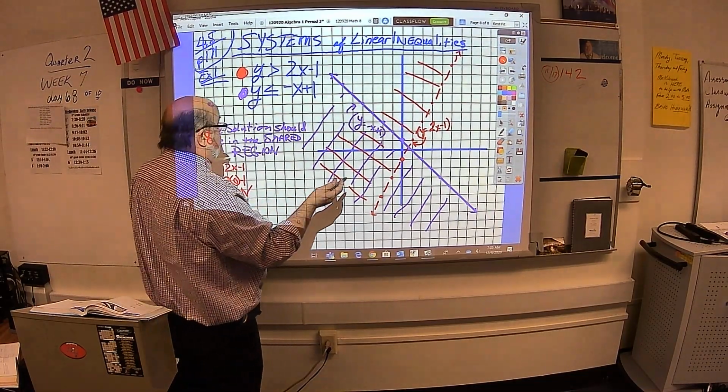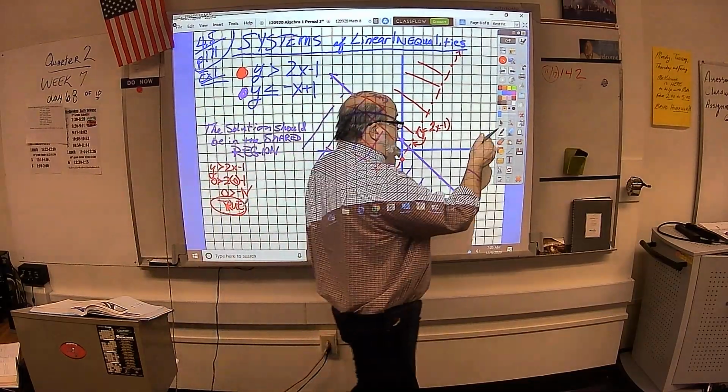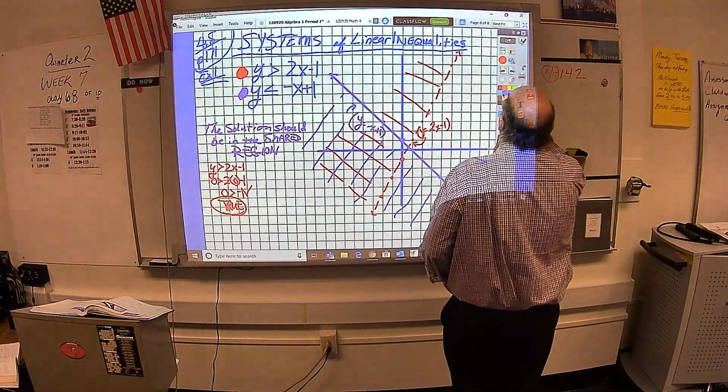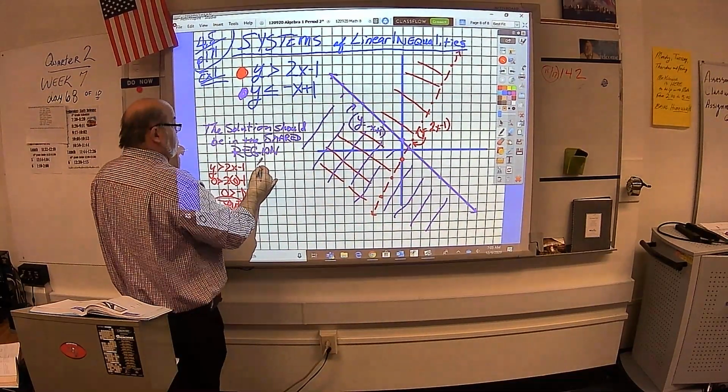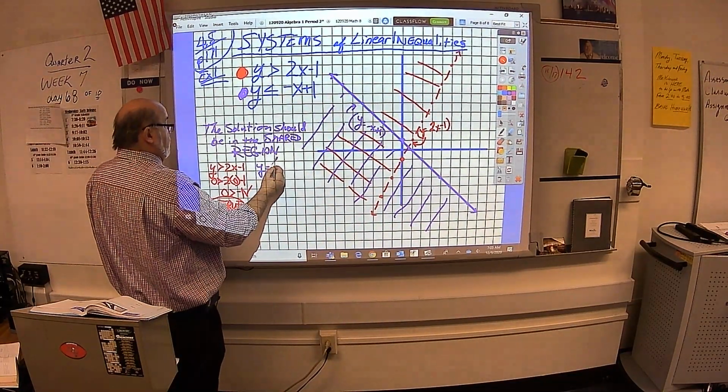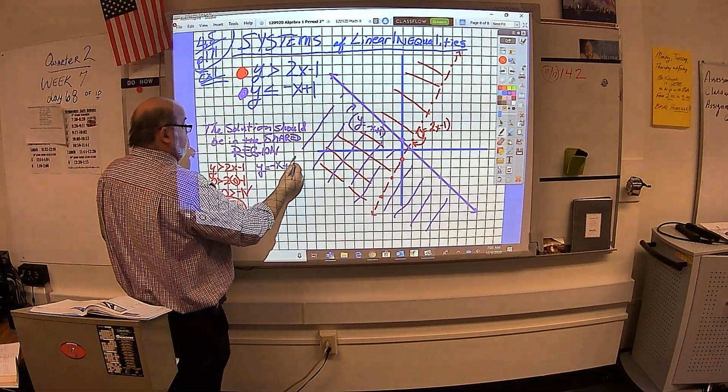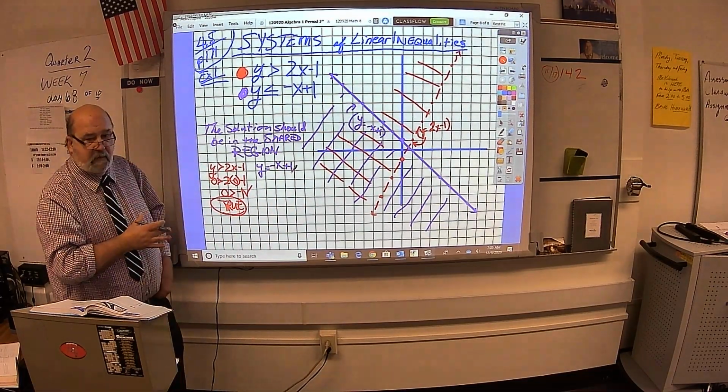Now let's look at the other one, which is going to be y equals negative x plus 1. You always want to write your formula down first.